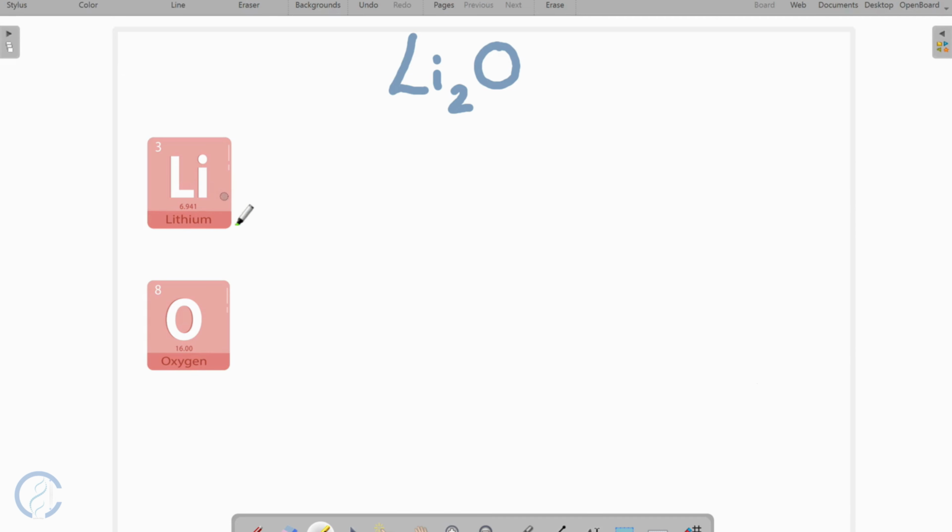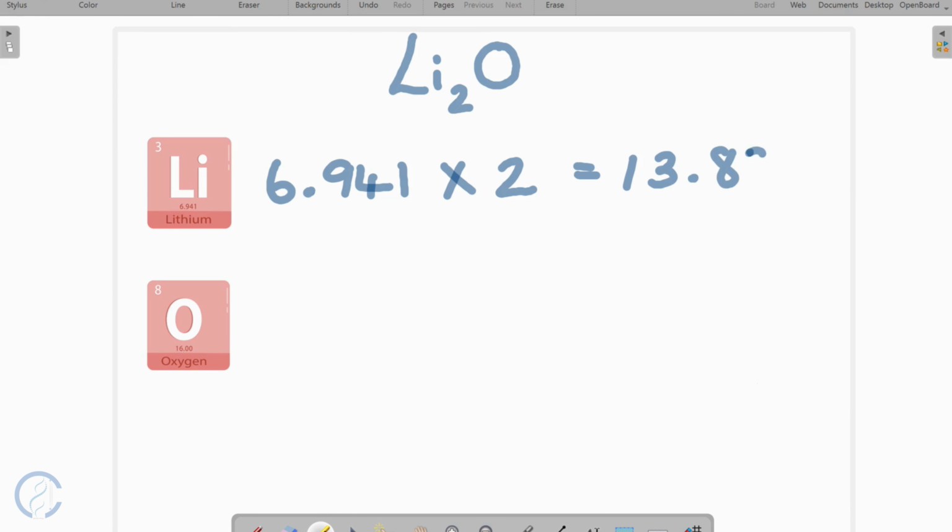So the relative atomic mass of lithium is calculated as 6.941 times 2 to account for both atoms of lithium in the formula. This becomes 13.882.